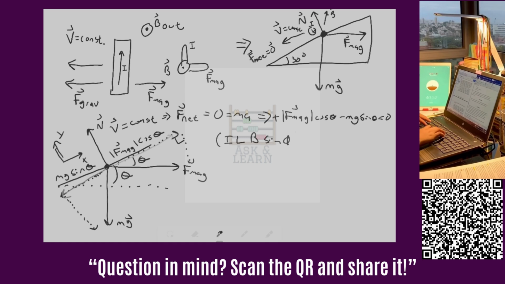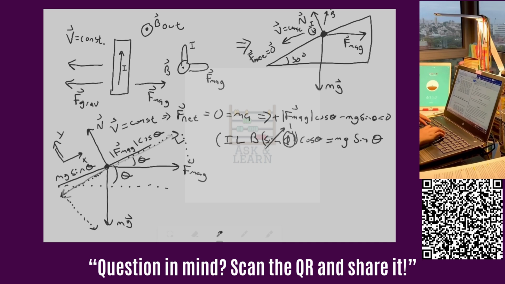And then we multiply that by cosine theta. Then we finish out our equation, equal to mg sine theta, because we moved that term over to the other side. Now, what is the angle phi between the current and the magnetic field? Well, we know that's 90 degrees, so this sine of 90 degrees goes to 1.